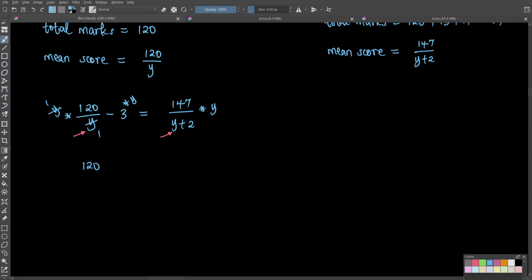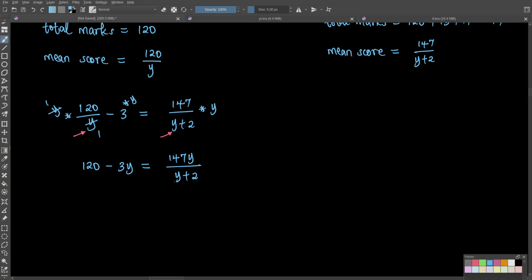So we remain with 120, negative 3 times Y gives negative 3Y, is equal to 147 times Y gives 147Y over Y plus 2.